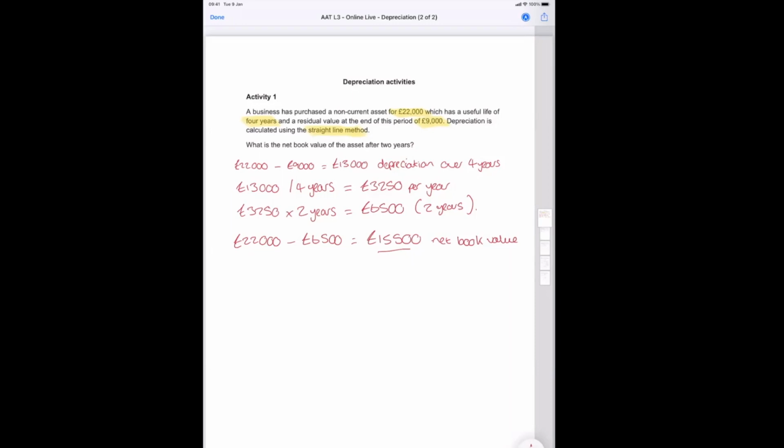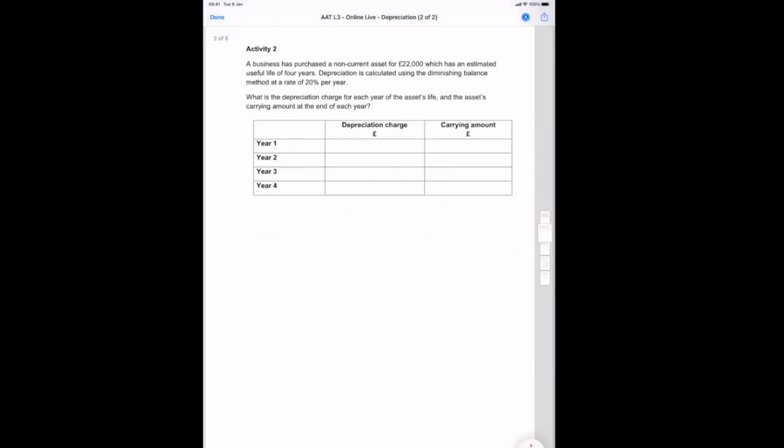The second method that we're going to look at is what's called the diminishing balance, or it's sometimes called the reducing balance method.